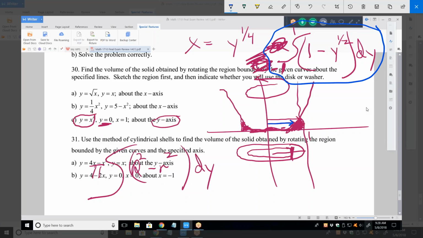Now, whether you'd get exactly the same answer if you went from 0 to 1 and then multiplied that by 2, I suspect you would. But I'm not sure you want to do that. We're talking volumes here. Yeah, we don't want to get into symmetry of volume. So let's just do it properly. We're going to integrate from -1 to 1. And we're going to integrate a y function, not an x function.